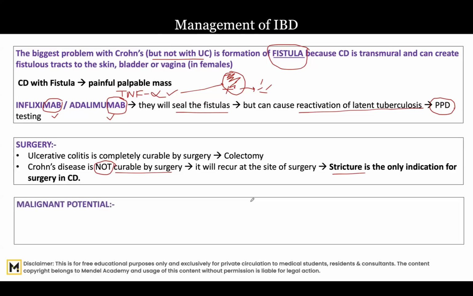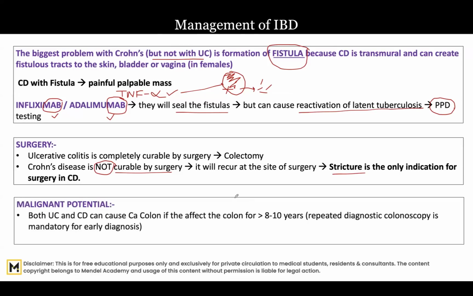If you look at the malignant potential, both of them can cause malignancy of the colon, provided they stay for more than 8 to 10 years. If somebody is diagnosed with ulcerative colitis or Crohn's disease and it's been just 3 years, then don't even think of malignancy yet, especially if it is ulcerative colitis.